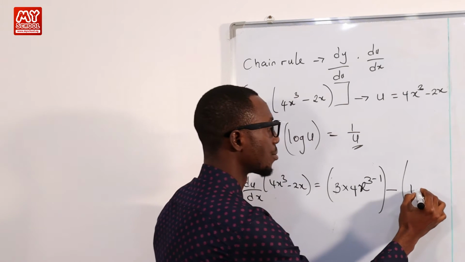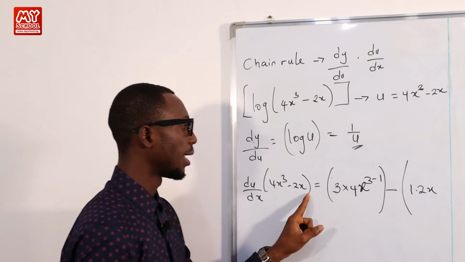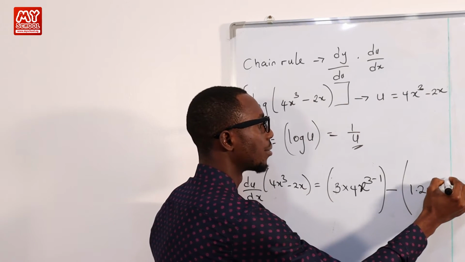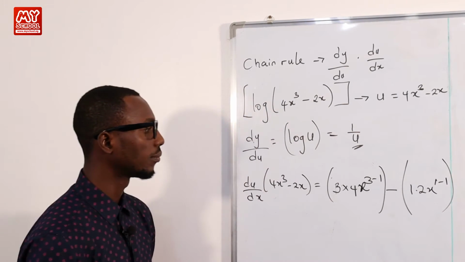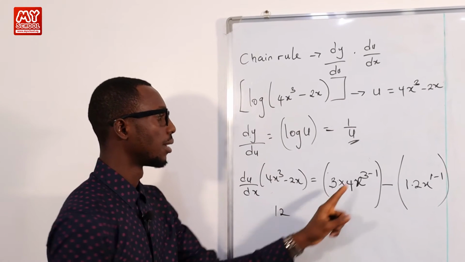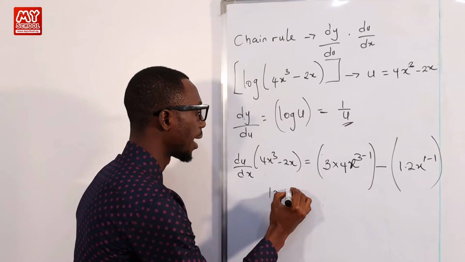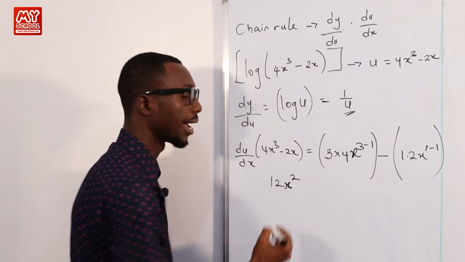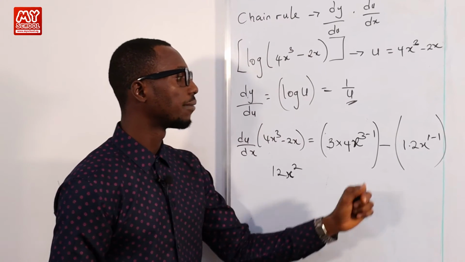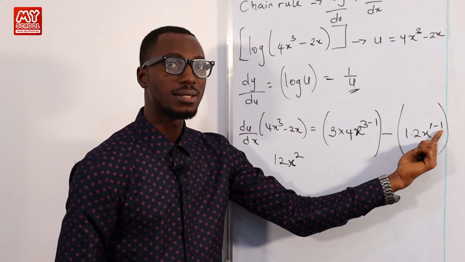1 multiplies 2, then x raised to power 1 minus 1. 3 times 4, we have 12. 3 minus 1, we have 2. That's 12x squared, or x raised to power 2. Then from here, we have 1 minus 1, that's 0.